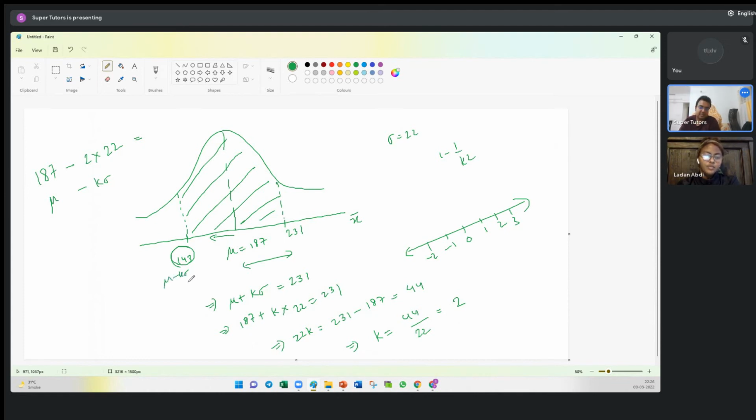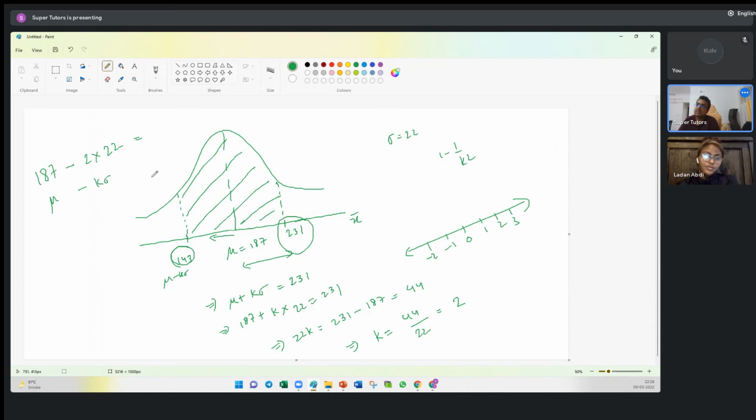For Chebyshev's to work, the value of k should remain consistent between this and this. If you subtract k times the standard deviation from this number, you should get this number. If you add k times the standard deviation, you should get this number. We calculated k using this number, now we are just checking whether this is also true.